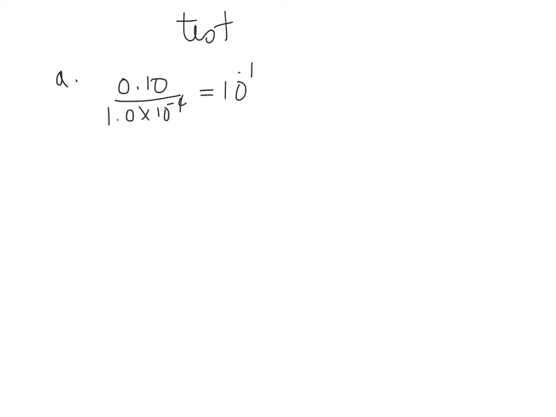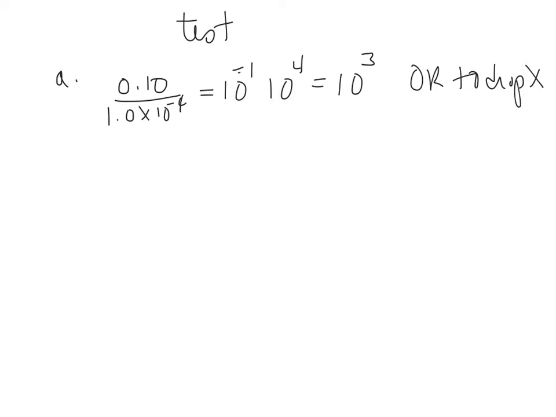This is 10 to the minus 1, and dividing by 10 to the minus 4 is the same as multiplying by 10 to the plus 4, so this is equal to 10 to the third. This is greater than 100, so it's going to be okay to drop x. That's the rule that I gave in class.